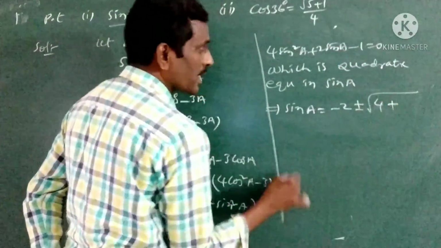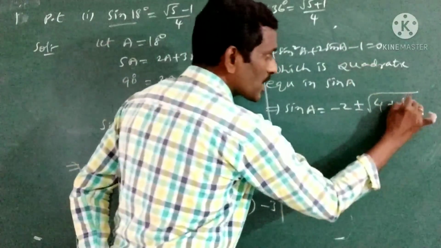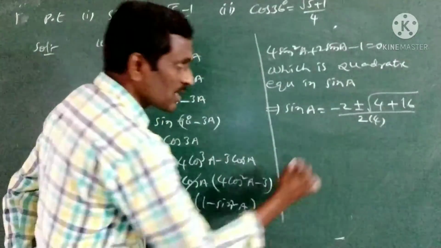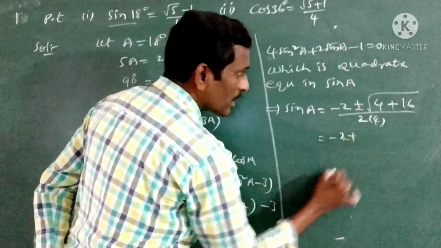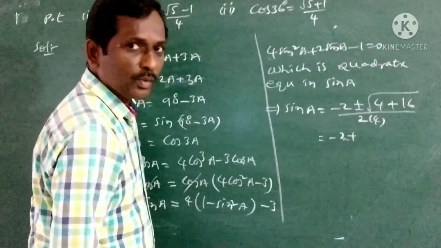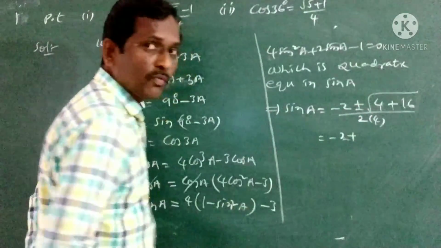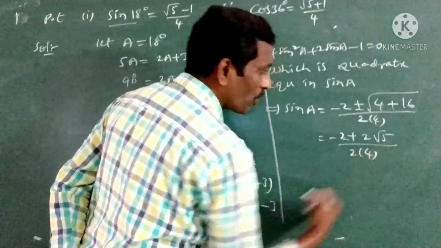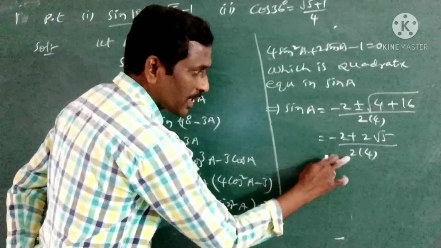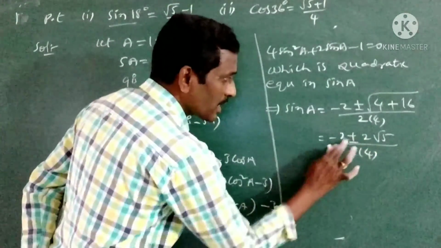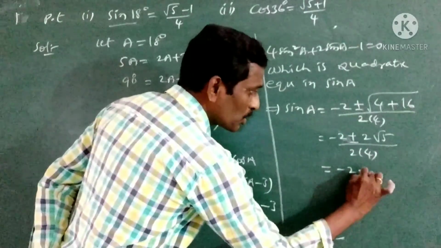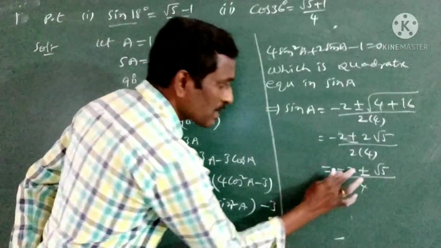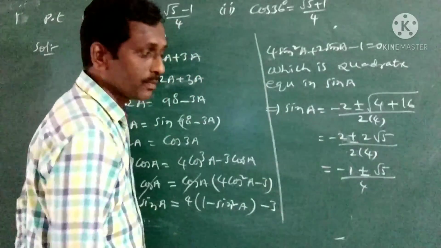Minus of minus becomes plus again: 4 fours are 16, into 1 is 16, by 2 times A, which is 2 times 4. If I simplify, minus 2 plus or minus root 20. Root 20 we can write as root of 4 into 5, which is 2 root 5. So 2 root 5 by 2 into 4. 2 we can take common and cancel the value. So sine A equals (minus 1 plus or minus root 5) by 4.